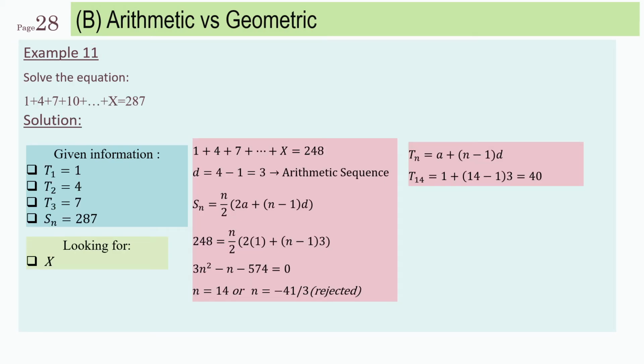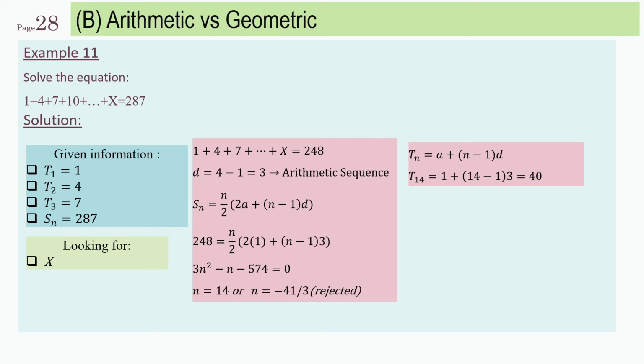Okay, and example 11: solve the equation for 1, 4, 7, 10 until x. They want to know what x is, which gives you the sum of 248. So you just find D, and A is 1, you substitute everything, and you find that n is either 14 or negative 41 over 3.